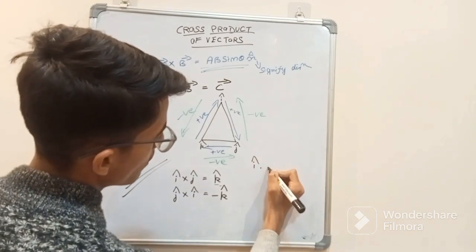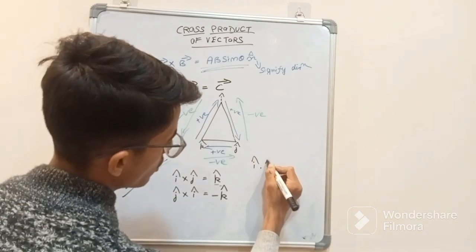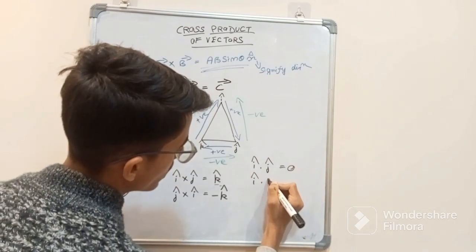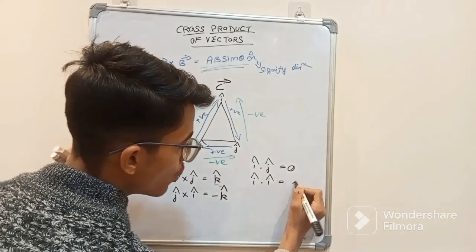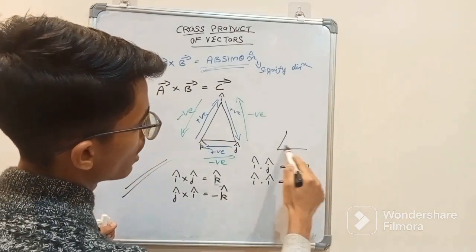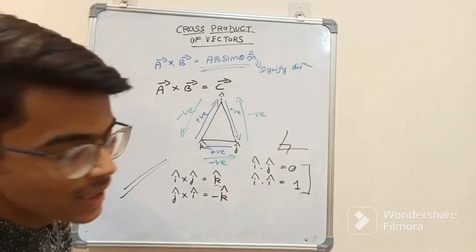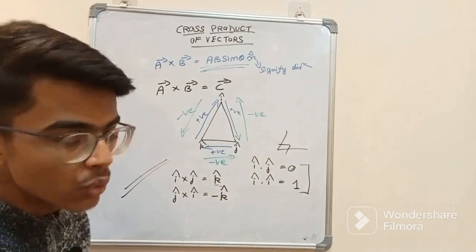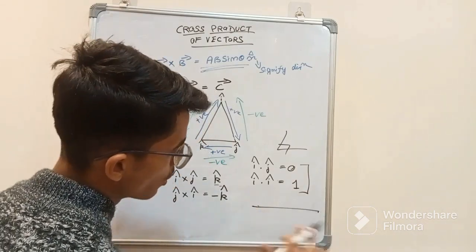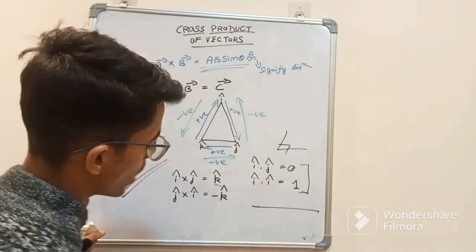In dot product, i cap dot j cap was equal to 0 and i cap dot i cap was equal to 1, because इसमें एक सिंपल सा फंडा था: i and j they are mutually perpendicular, that is cos 90, and cos 90 is equal to 0, and i and i दोनों एक लाइन में हैं, that is cos 0, and cos 0 is equal to 1.